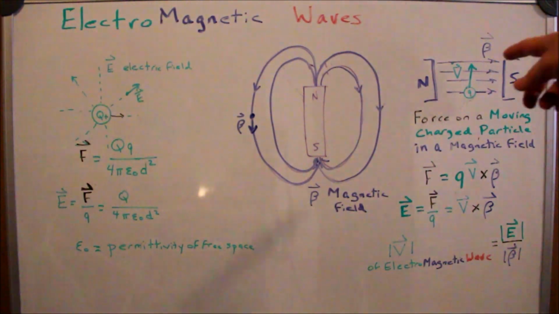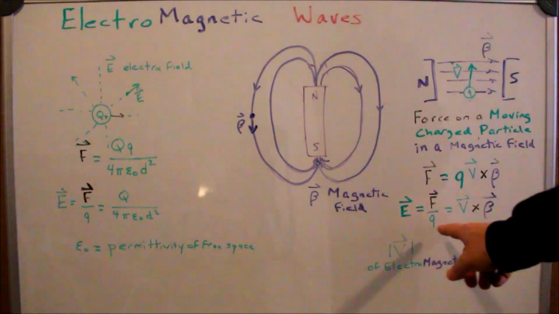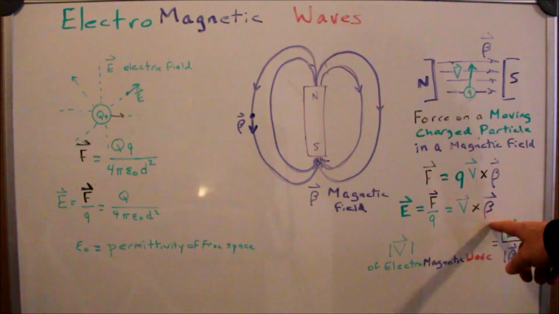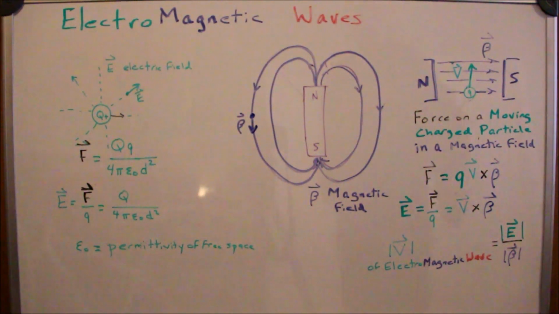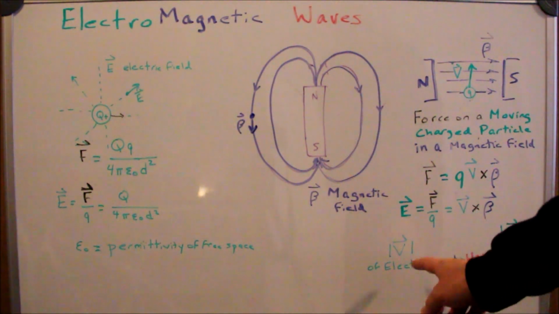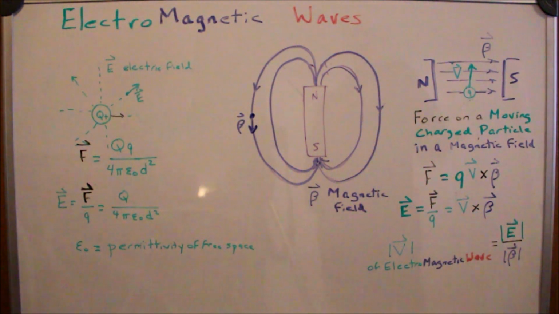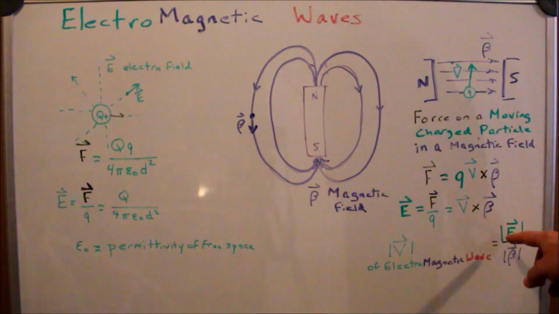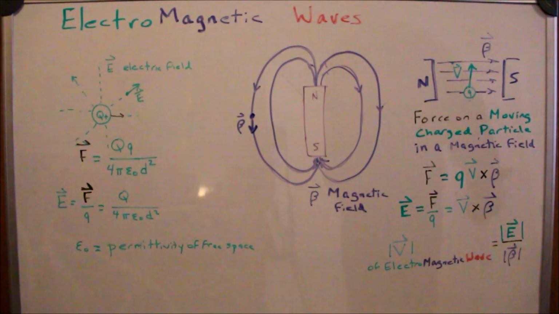So let's say there was a test charge going through there. My electric field would be the velocity of this particle cross the magnetic field. We can move this around and see that the velocity of the electromagnetic wave is related to this: it's the magnitude of the electric field divided by the magnitude of the magnetic field.